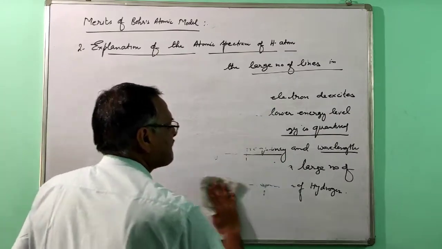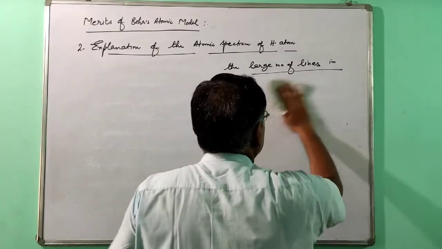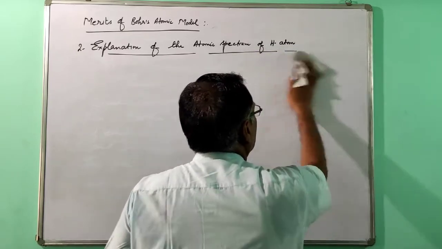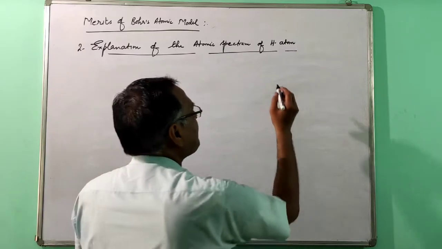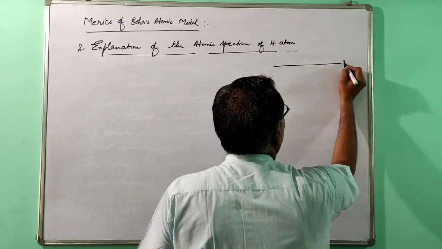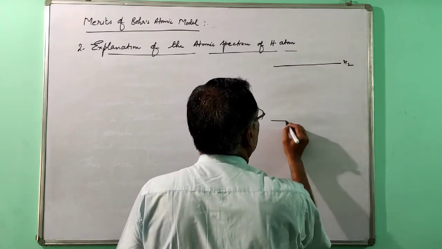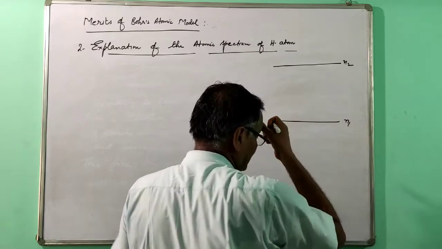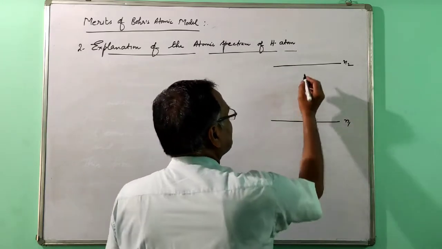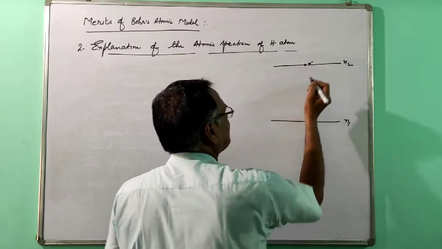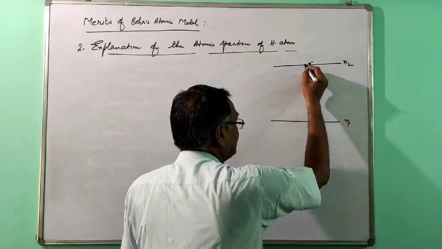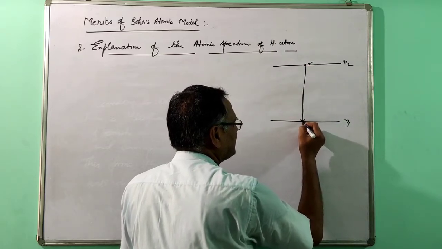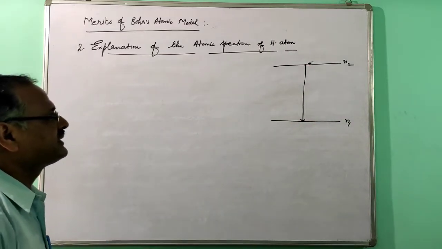Just see, two energy levels are given, N1 and N2. The electron is present here, and the electron is de-excited, which means it is coming to the lower energy state.